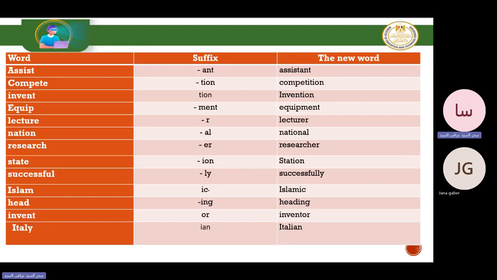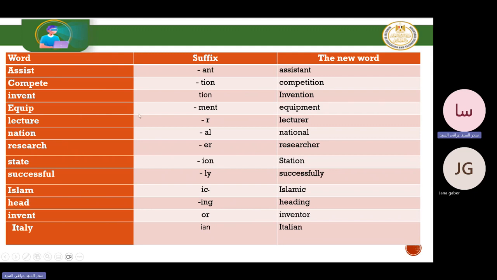Okay, let's have some suffixes and prefixes. If we add ant as a suffix to the verb assist, it becomes a noun, assistant. If we add tion to compete as a verb, it becomes a noun, competition. Tion to the verb invent becomes invention.